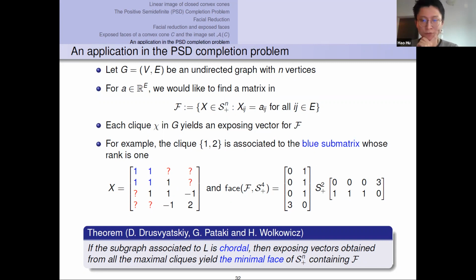And such an empirical observation is partially answered by this theorem here. There was another paper by Nathan and Professor Wolkowicz, which used this technique to solve huge PSD completion problems using the facial reduction in this way.